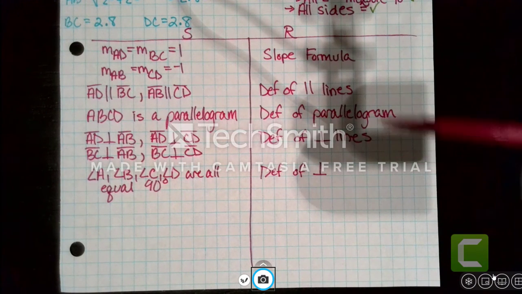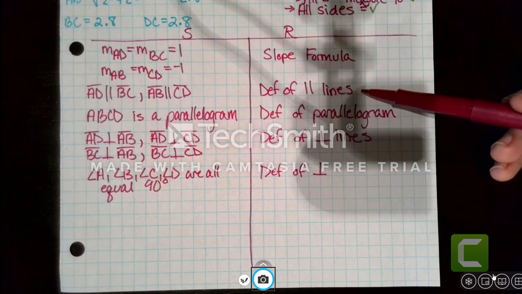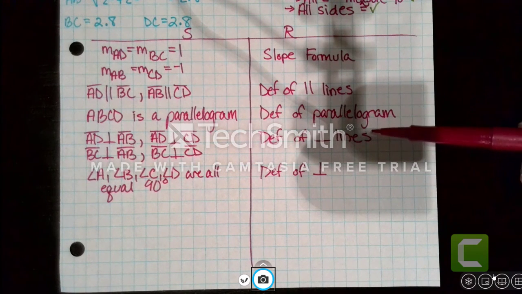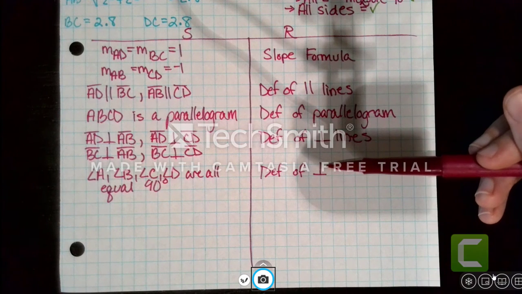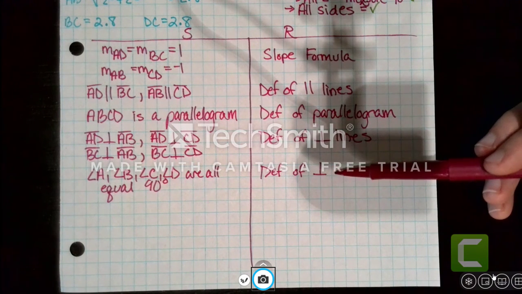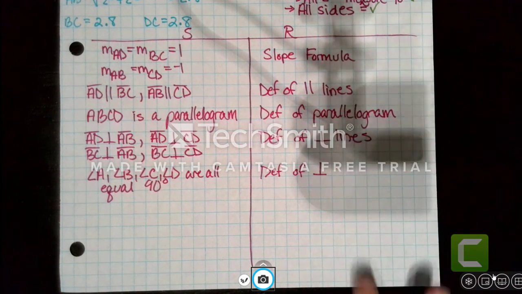We've proven that we have opposite parallel lines, that we have perpendicular lines, as well as angles that measure 90 degrees. What we need to do still is to prove that all sides are congruent.